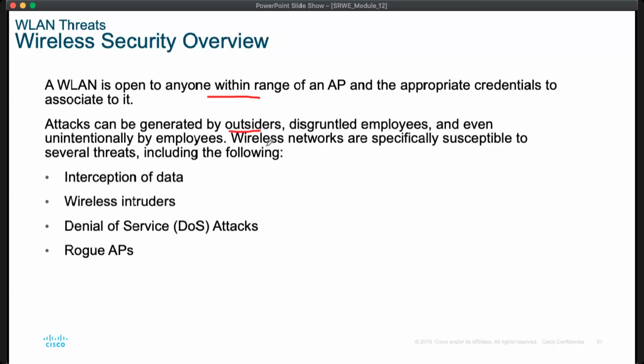Wireless networks are specifically susceptible to several threats, including the following issues: interception of data, wireless intruders, denial of service or DoS attack, and rogue AP.